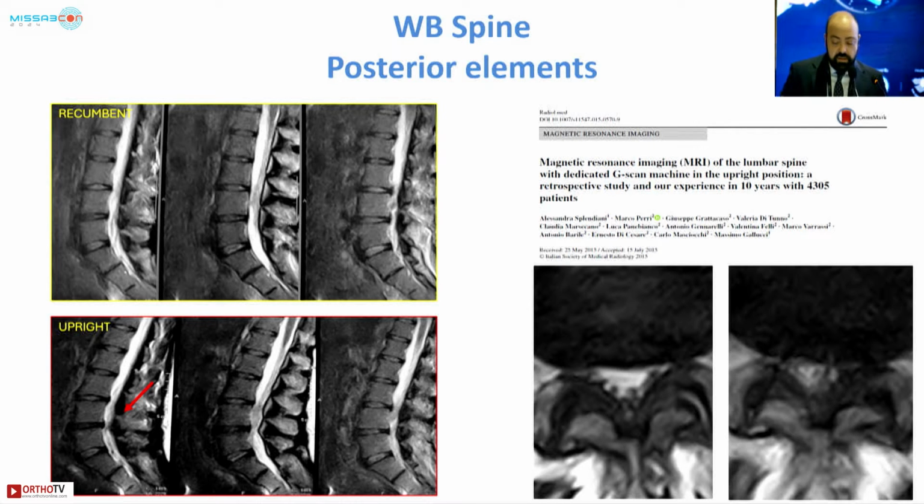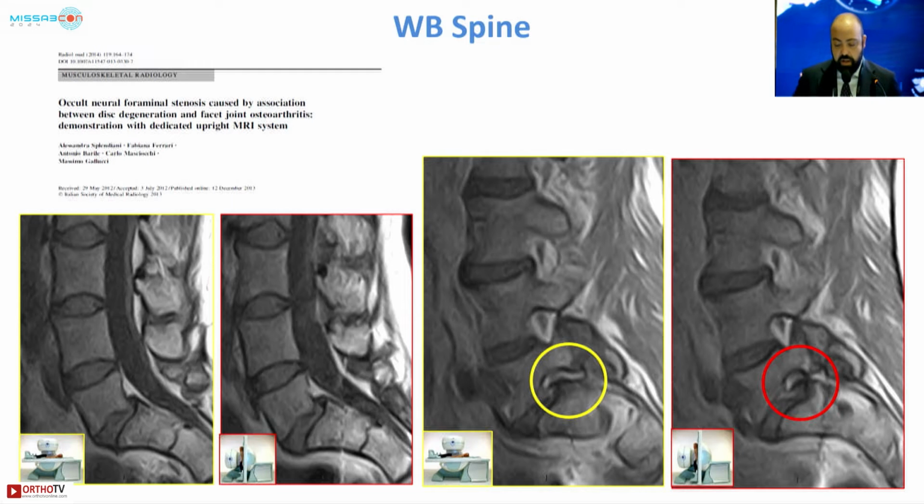Posterior elements: Dr. Majano also showed the importance of the changes in the posterior elements, especially the ligamentum flavum, which under load is buckling. These are some cases depicting the buckling of the ligamentum flavum under load, determining a reduction in both the central canal and the lateral recesses.